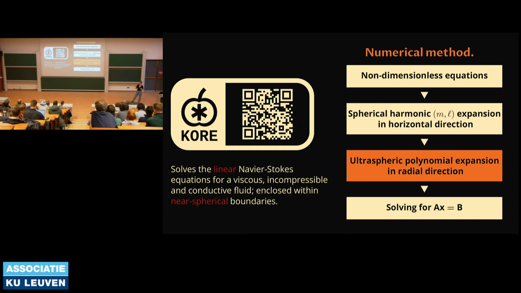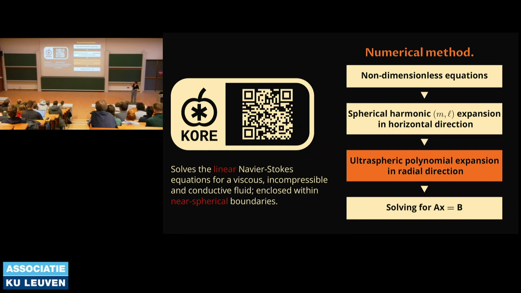Then we have a spherical harmonics expansion in the horizontal direction. And because we include the full Coriolis force, that means that we can solve for each m independently, but all the harmonic degrees L are coupled. So we have to solve them all together, which is different from, I think, some stellar oscillation codes, but it does mean that we can find all rotational modes.